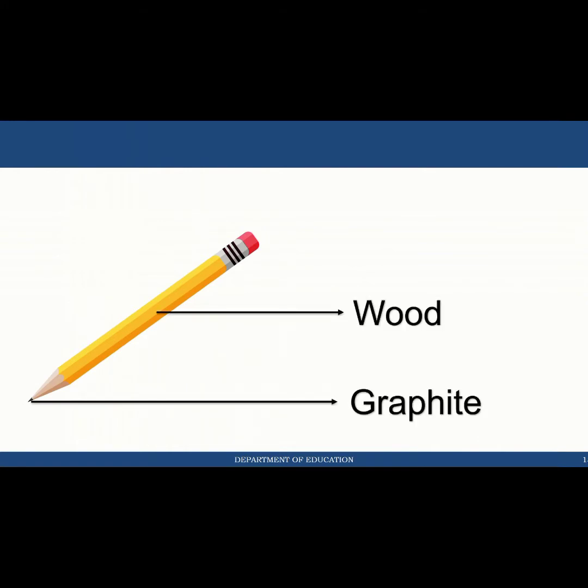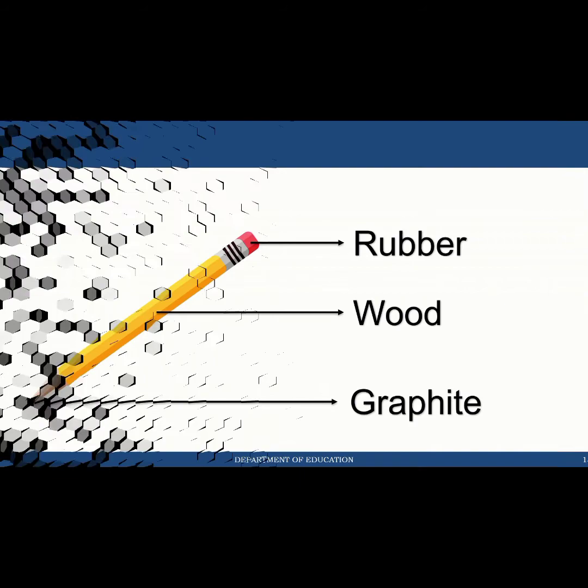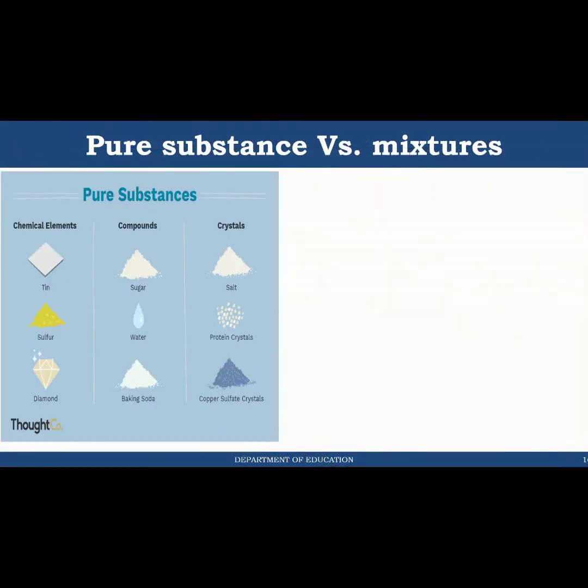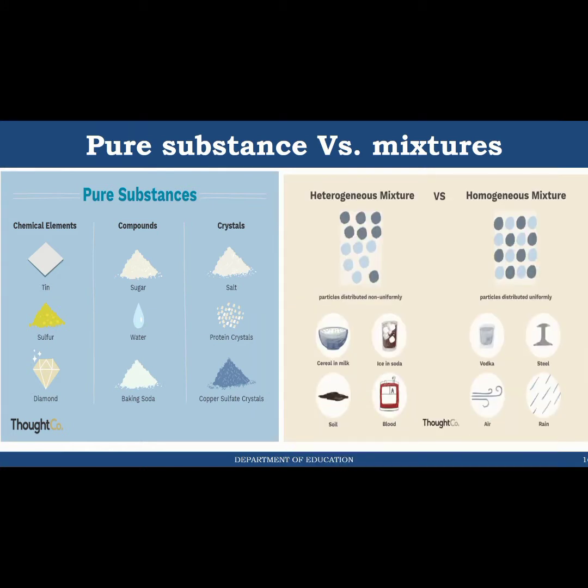The pencil that you use is a mixture of graphite, wood, and rubber. Pure substances are mostly found in laboratories where they are used as reagents to analyze and observe the characteristics of matter under specified conditions. Mixtures can be classified as either homogeneous or heterogeneous.